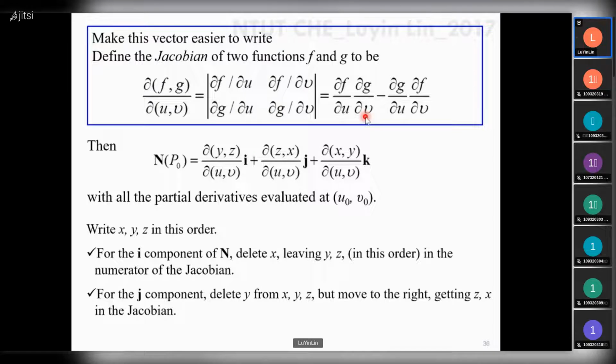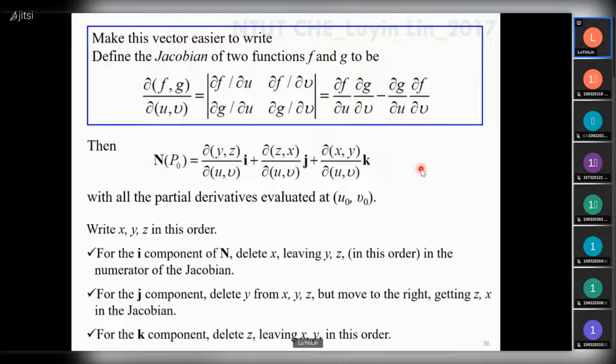And the last one, delete z and you will have xy. You can try to memorize this equation this way, but if you have a better way, you can use your own way to memorize it.